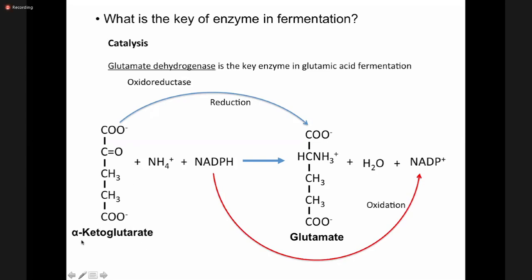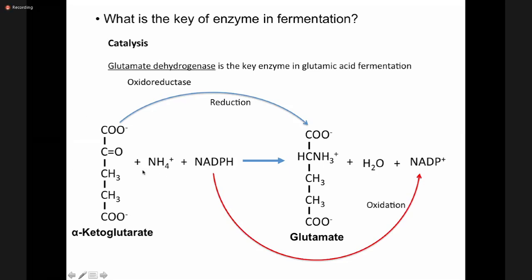The microorganism produces alpha ketoglutarate as standard metabolism of glucose, and this organism produces glutamic acid from alpha ketoglutarate by using this enzyme reaction.